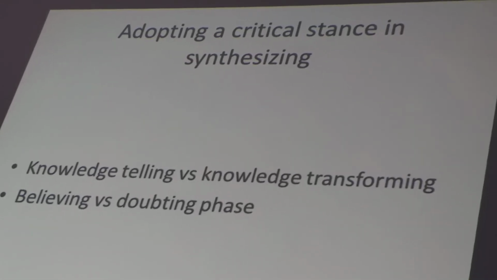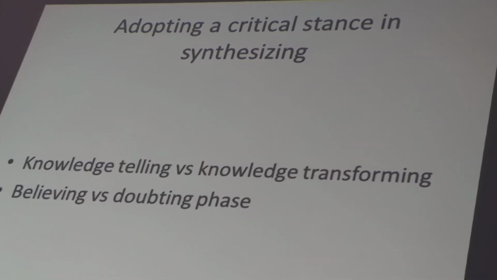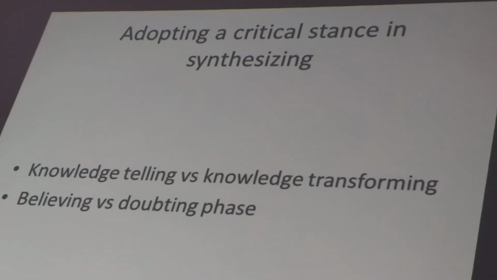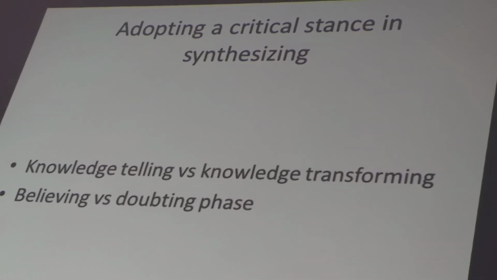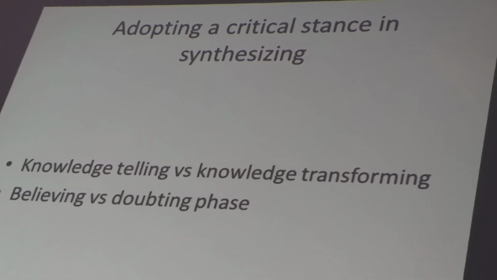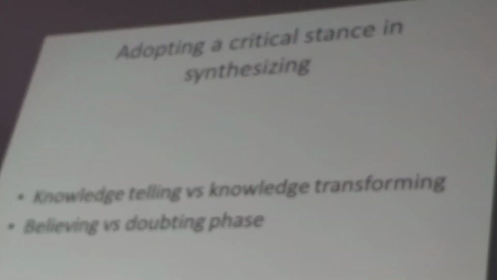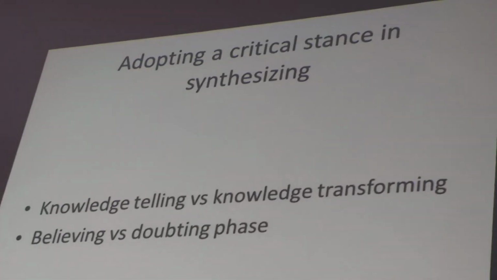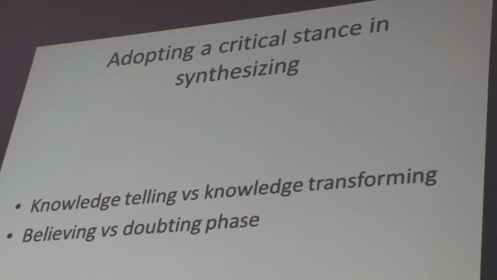On the other hand, the doubting phase entails adopting a skeptical and questioning stance and approaching the text critically. Together, the two approaches allow you to review the literature and recognize complexities and multiplicities within your topic.